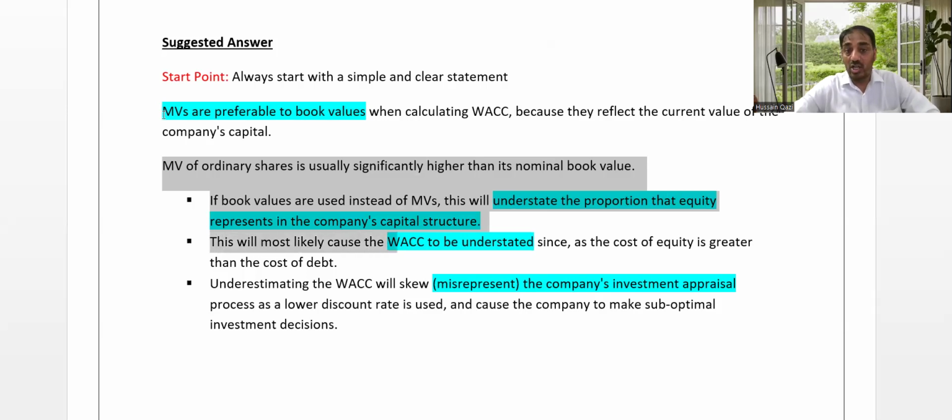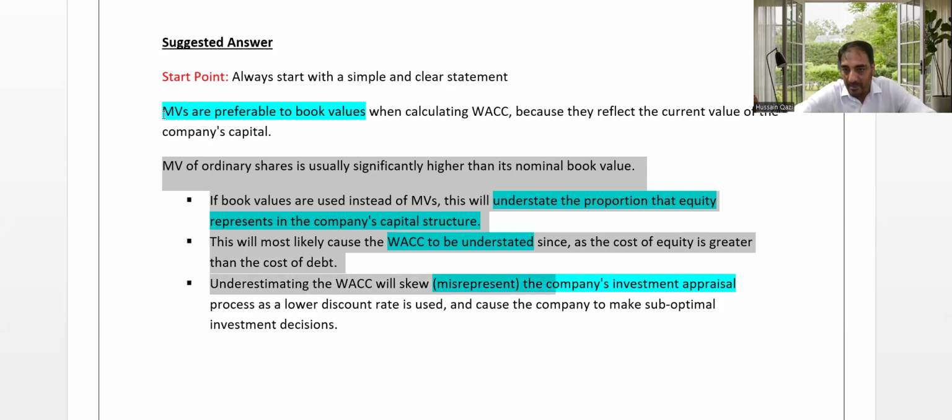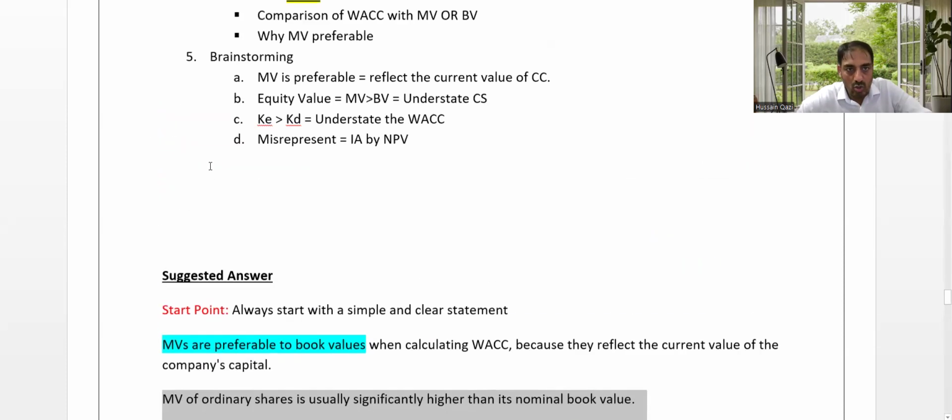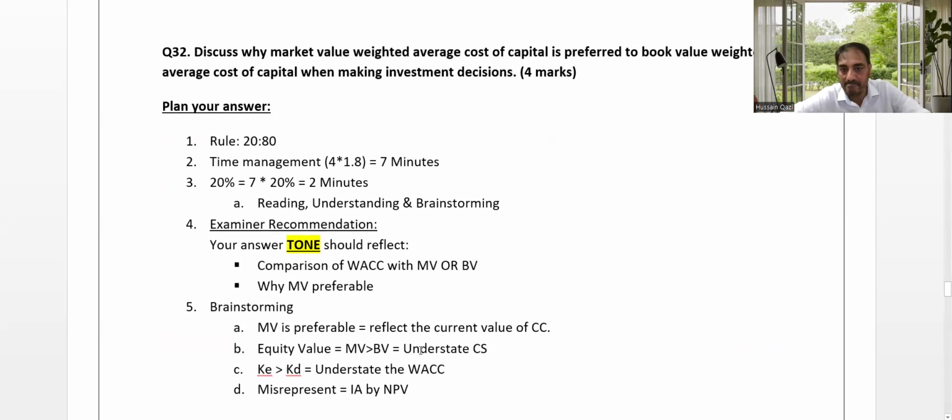This will cause WACC to be understated since the cost of equity is greater than the cost of debt. Underestimating the WACC will skew, meaning misrepresent, the company's investment appraisal process as a lower discount rate is used and cause the company to make suboptimal investment decisions. That is the right way to draft the answer. So do follow these rules.